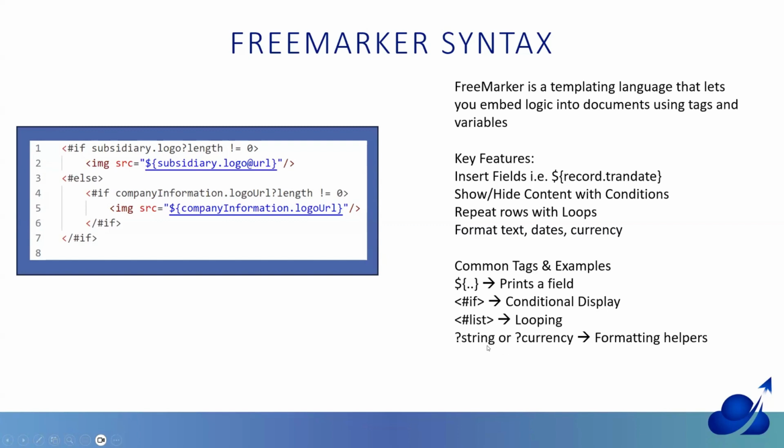So question mark string is going to convert whatever field we might have, like record.transaction date, to a string. So maybe we want that to display with the long name, like May 21st, 2025, rather than 05-21-2025.